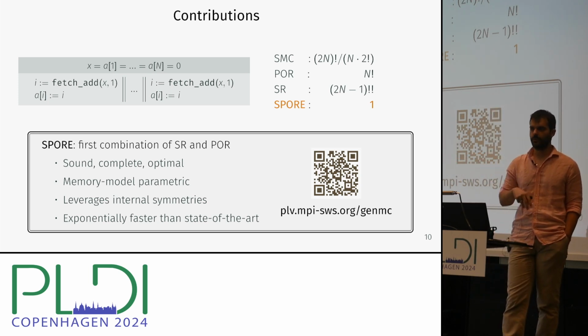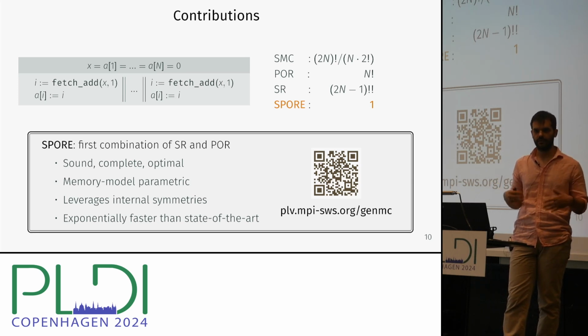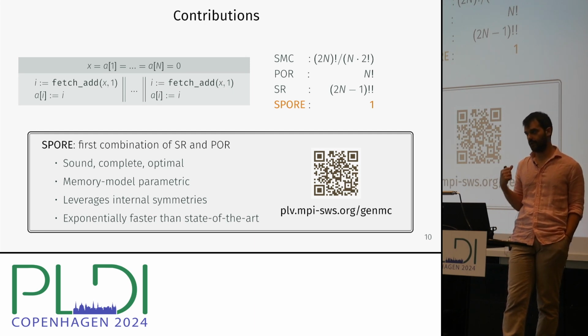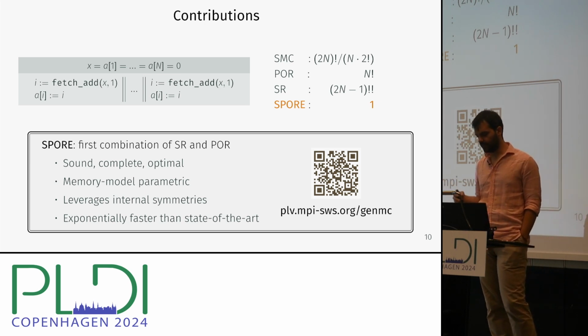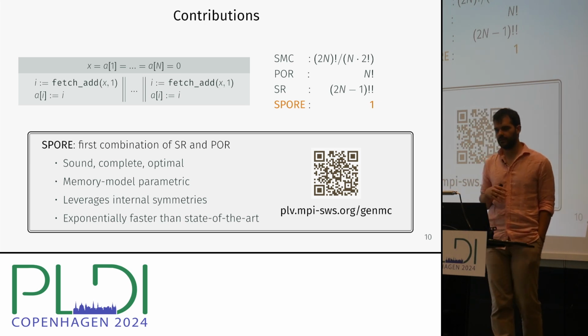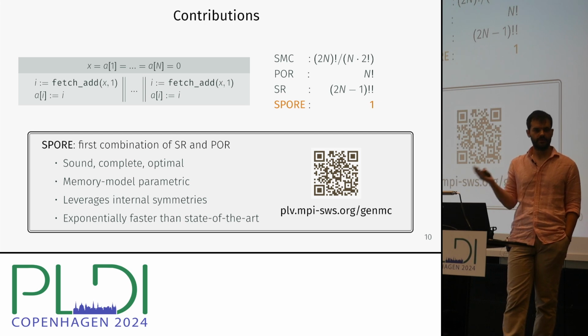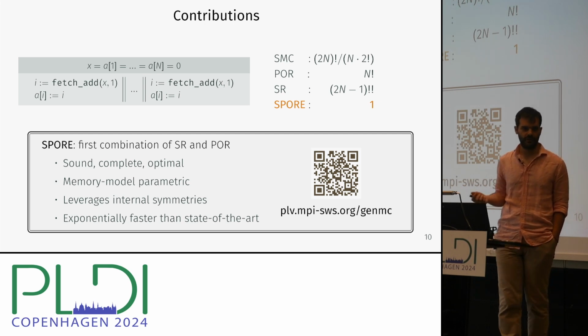But perhaps we could allow more expressiveness in these functions. We could allow some form of writes or, in general, relax these conditions and see if we can, that way, capture more patterns that appear in concurrent programs that we're not able to capture now. And then, of course, we could also try and see if there are similar symmetries in different classes of programs, say persistency programs or some other class that we could leverage.